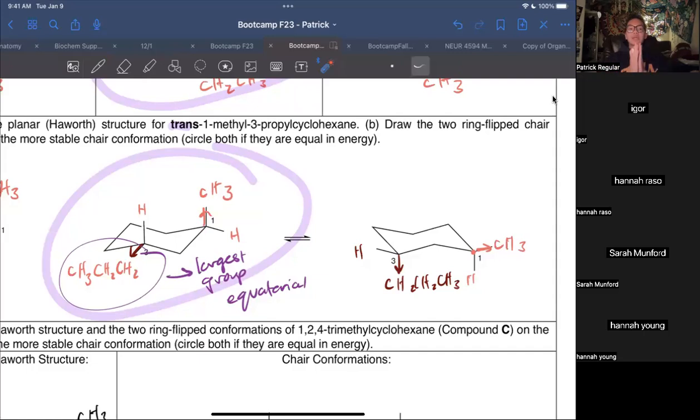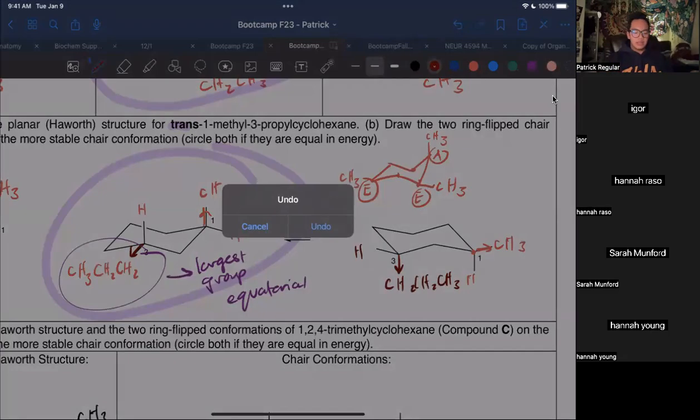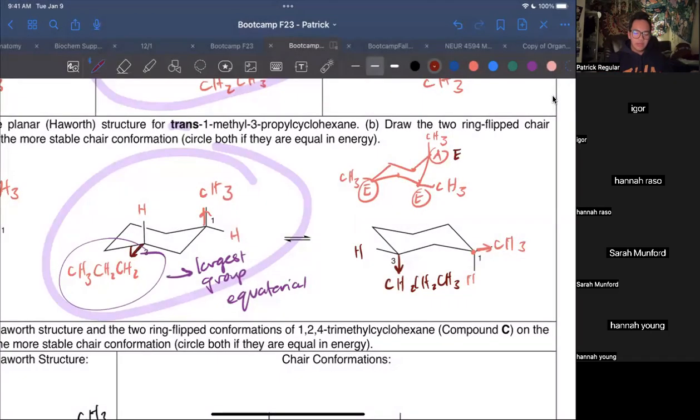Got it. And what about the amount of alkyl groups equatorial? Like if you had to choose between a chair conformation like this, right? Let's say you had CH3, CH3, CH3. This is axial, equatorial, equatorial. If you were to chair flip it, this would be equatorial, this would be axial, this would be axial.